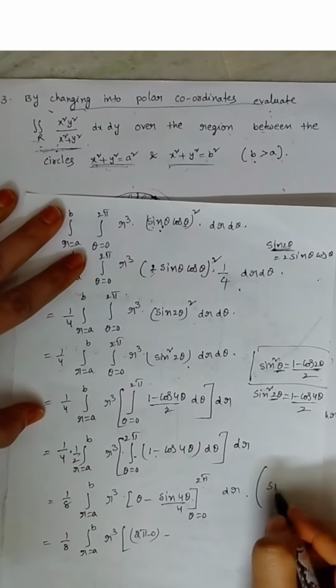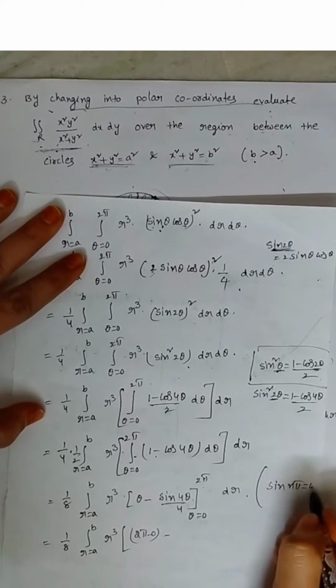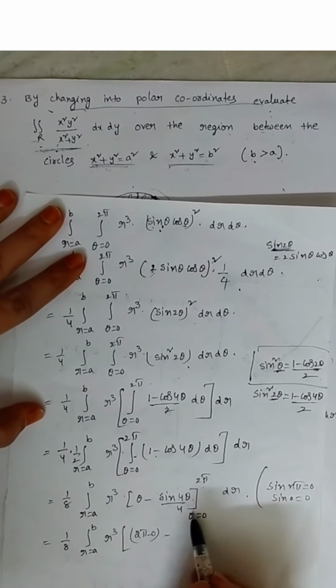We know that sin n pi value equals 0 and sin 0 equals 0. So if you substitute the upper limit and lower limit in sin, the value becomes 0 into dr.